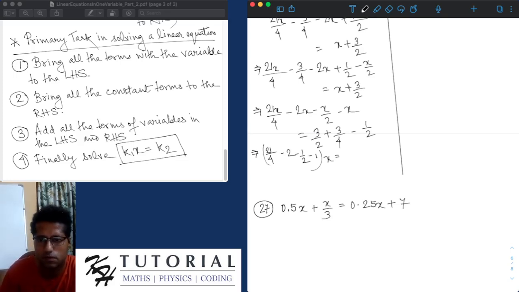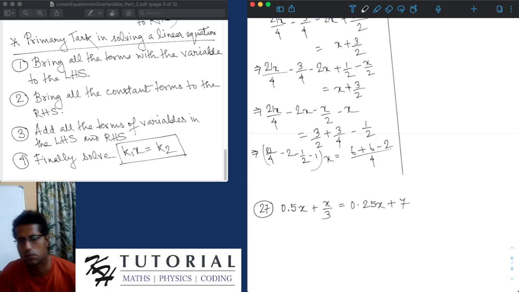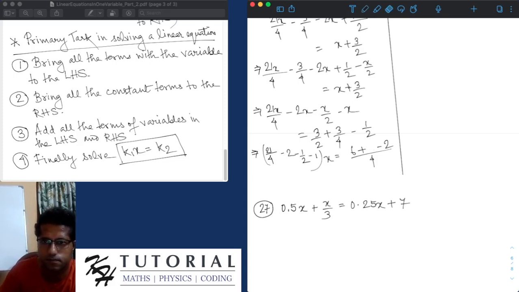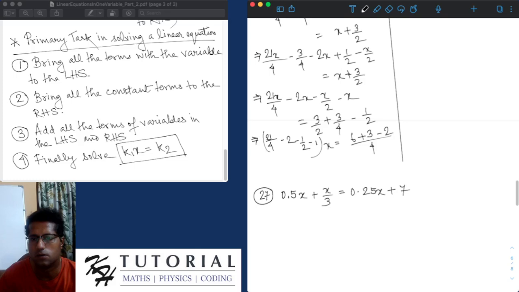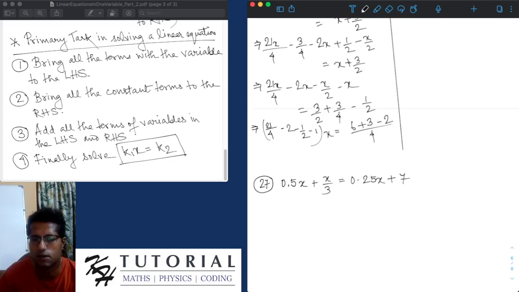We have to do the addition of these rational numbers, so the LCM will be 4, so this becomes 6 plus 6 minus 2 divided by 4. This is not 6, this will be 3. So 6 plus 3 minus 2.